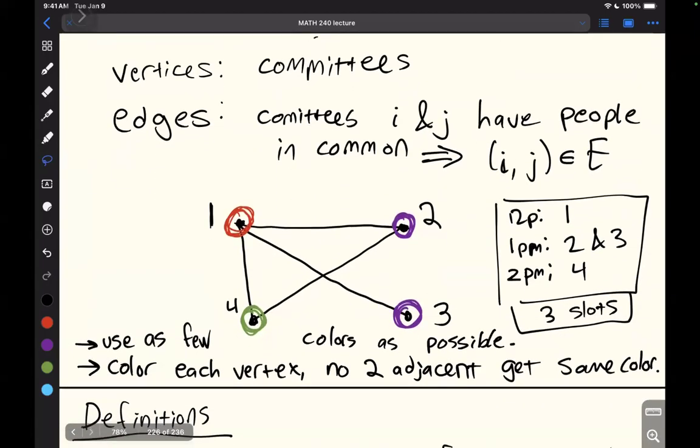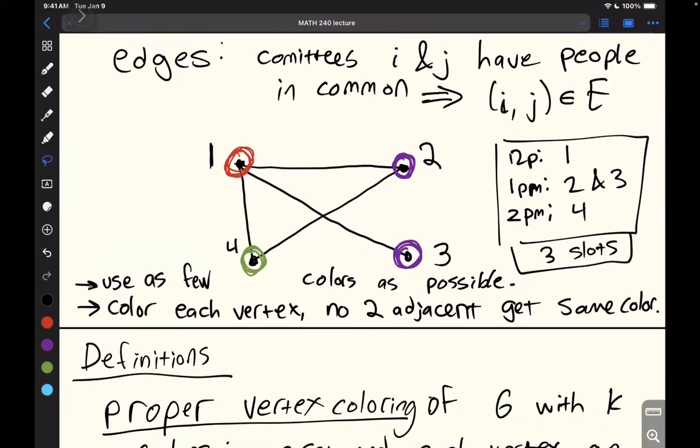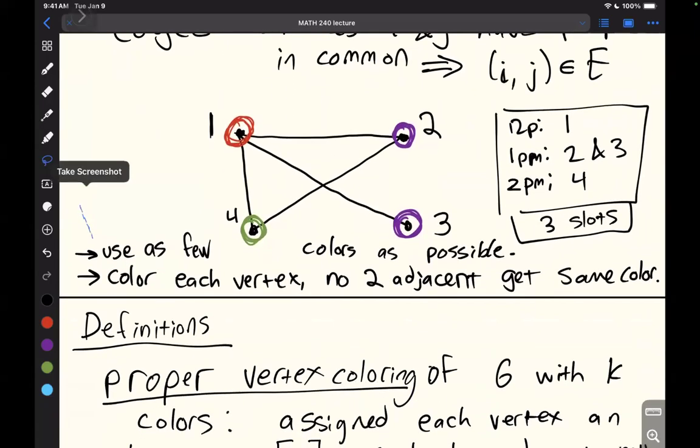And so what we talked about last time was vertex coloring, where we assign each vertex a color such that we're operating under these two rules. We want to use as few colors as possible, and we want to color each vertex such that no two adjacent vertices get the same color.